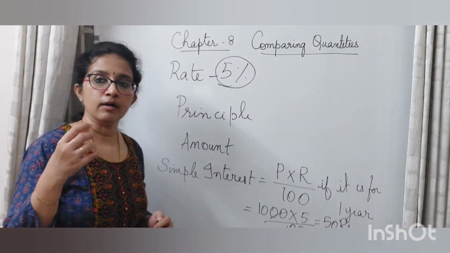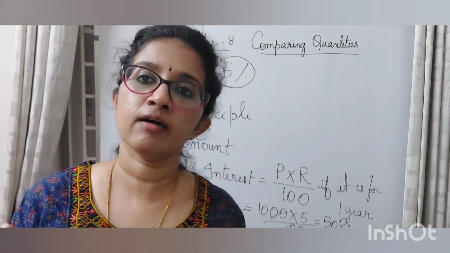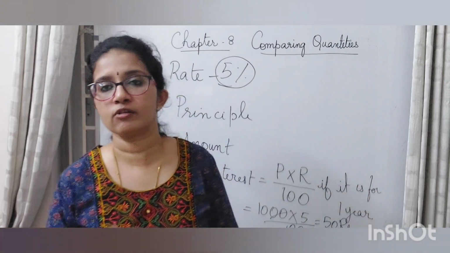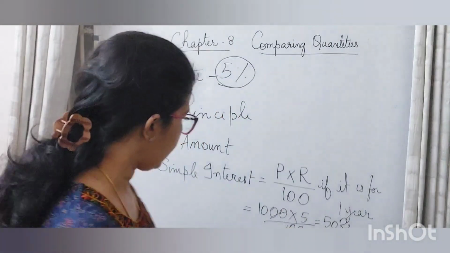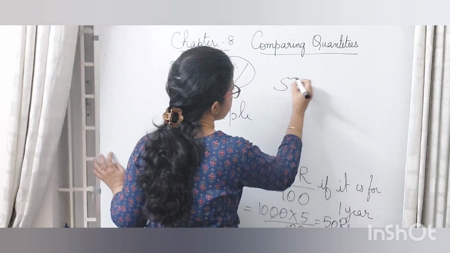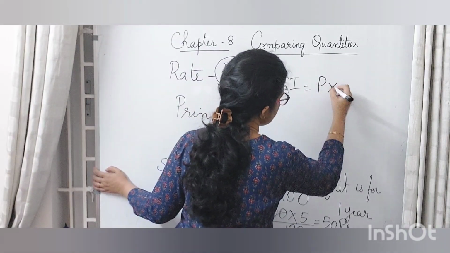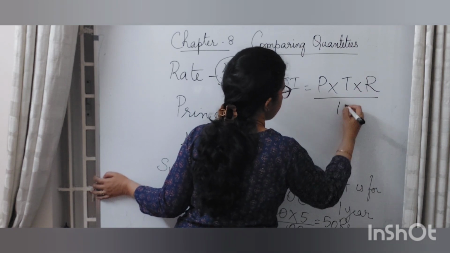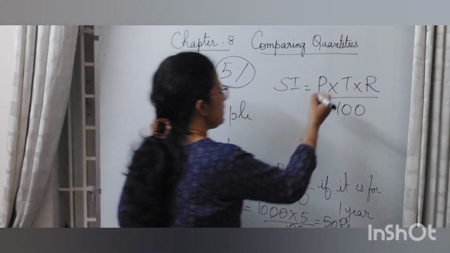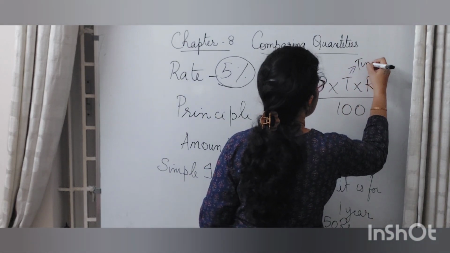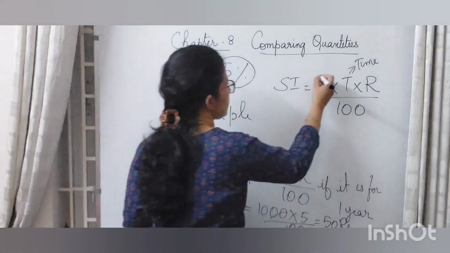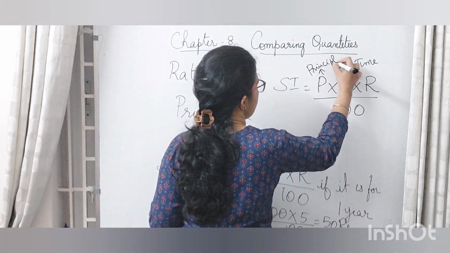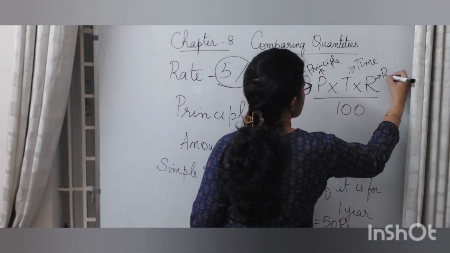Now sometimes we will take the loan for more than 1 year, for example 2 years or 3 years. In that case, simple interest is equal to P into T into R by 100. This T represents the time or the number of years, P represents the principal, and R represents the rate.